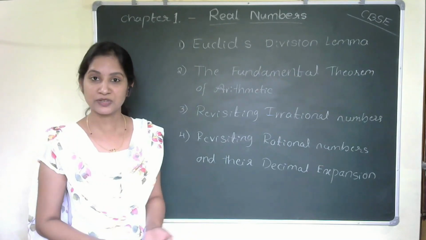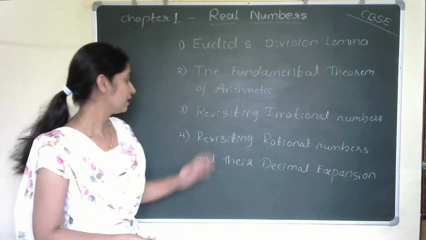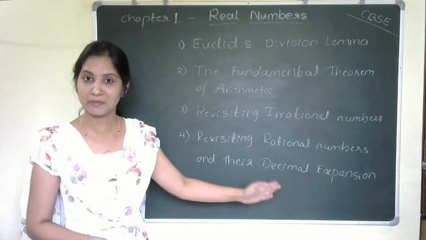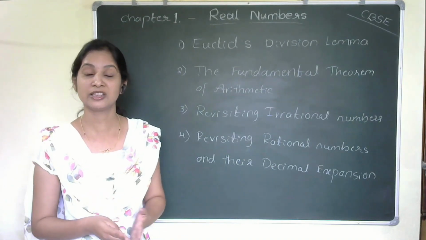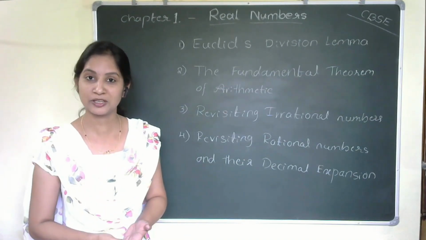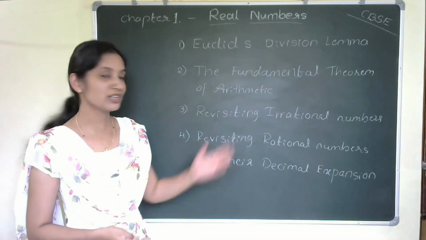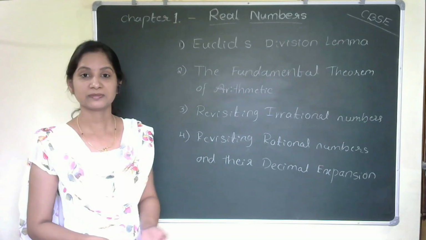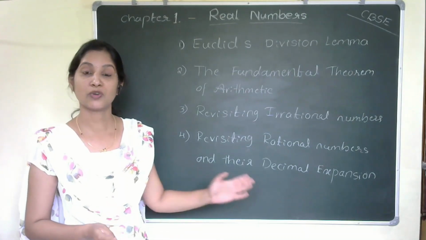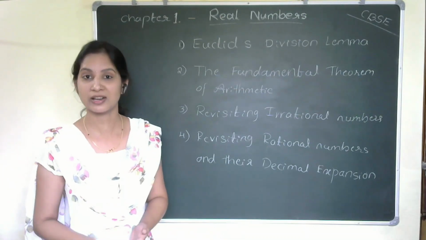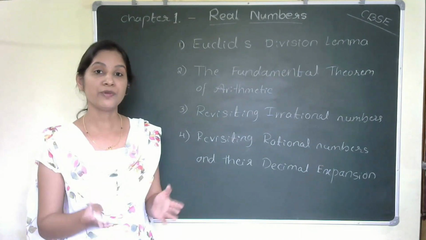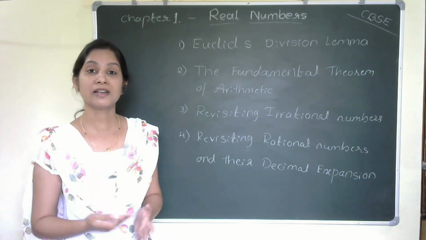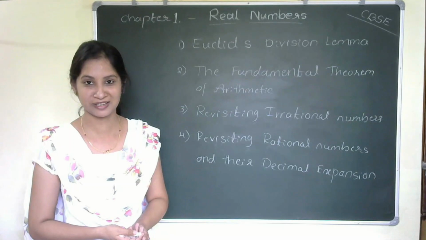In our first video, we are starting with rational and irrational numbers because it is connected with your grade 9 concept. You have already learnt rational numbers. So in this first video, we are starting with what is a rational number and what are irrational numbers, and how we are going to find whether the given number is rational or irrational.